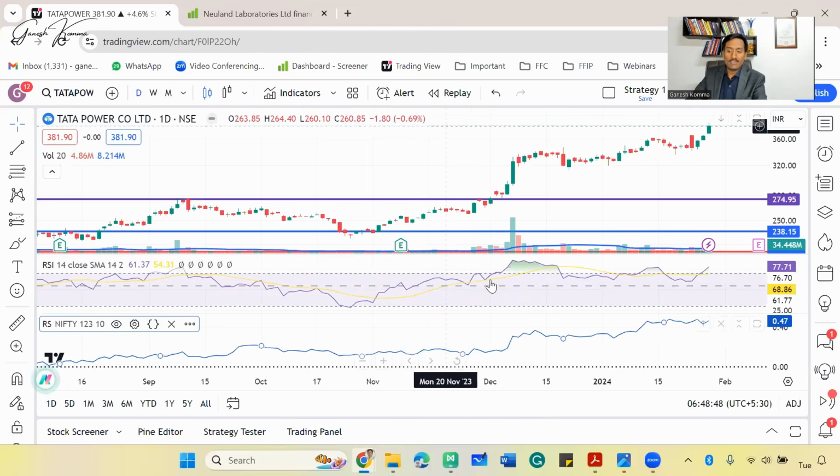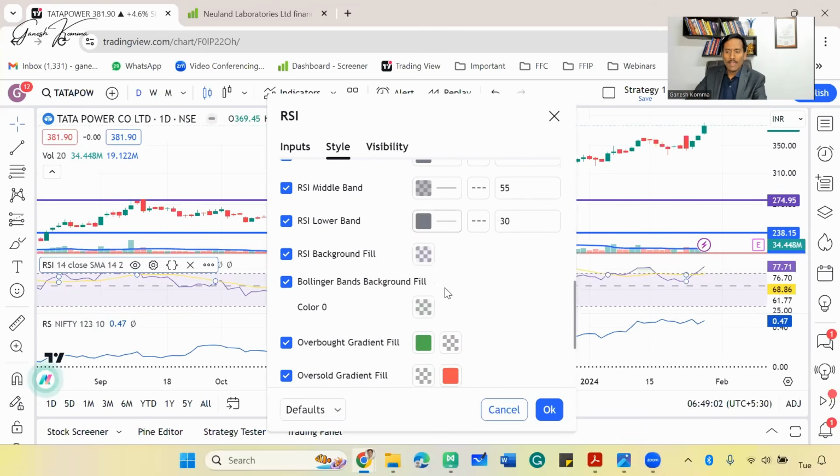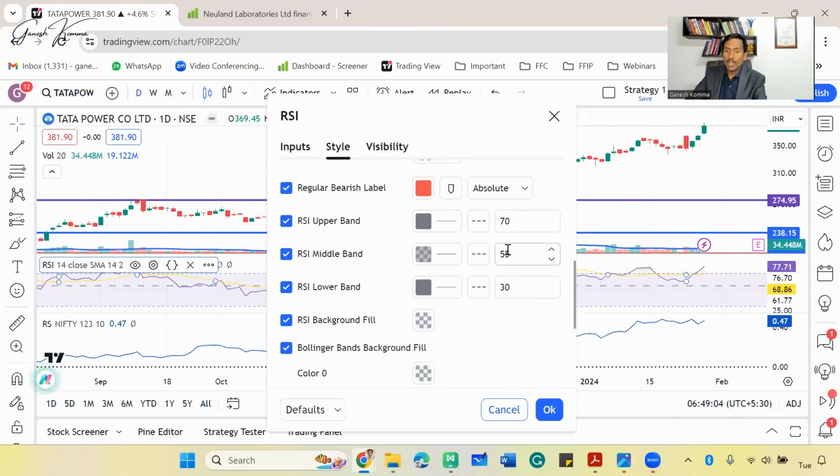And even on the RSI, relative strength index wise, this breakout, if you see, is a very good breakout. And even for the middle band, I have moved it to 55. You can either keep it at 50 or 55. 55 is something like you're making it more strict, or you can leave it at 50.